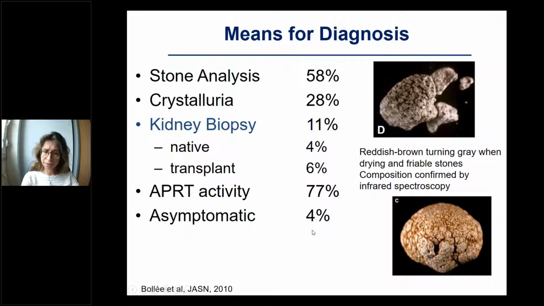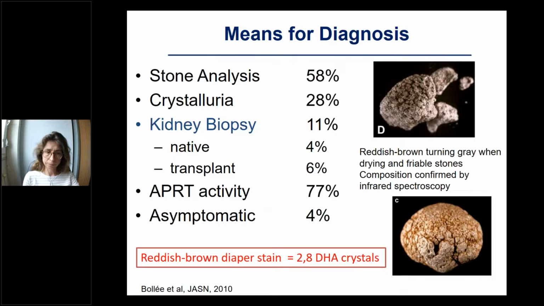It is interesting to note that 4% of these patients were initially asymptomatic. In very small children, the parents can have a look at the diaper stain, because there is a reddish brown diaper stain if the patient has 2,8-DHA crystals in the urine.